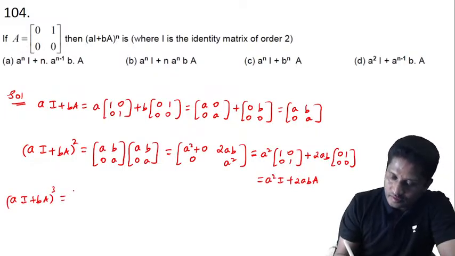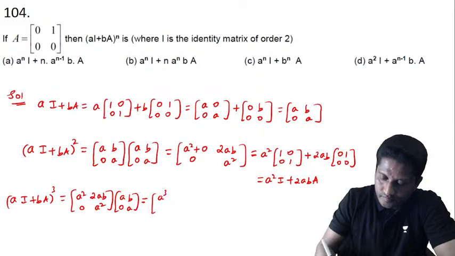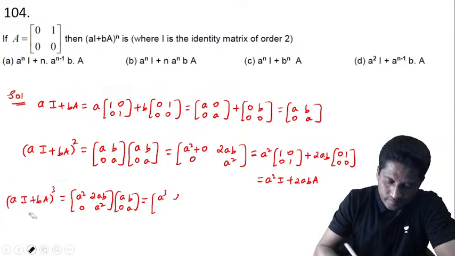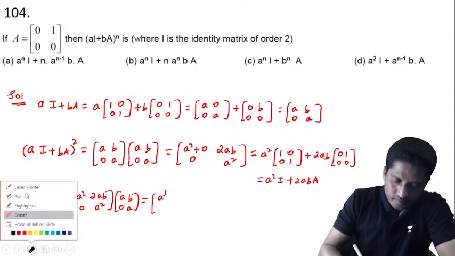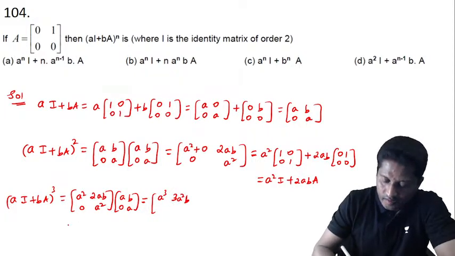Similarly, if I take (AI + BA) the whole cube, this fellow is A square, 2AB, 0 and A square, multiplied again by A, B, 0, A. So this is equal to A cube, A square B plus 2A square B is 3A square B, and then this is 0, and then A cube.